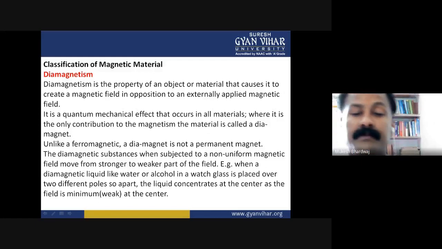All materials are affected by the presence of a magnetic field. They are found experimentally to acquire magnetic dipole moments. The magnetic dipole moment per unit volume is called magnetization.